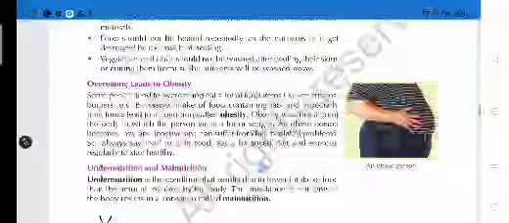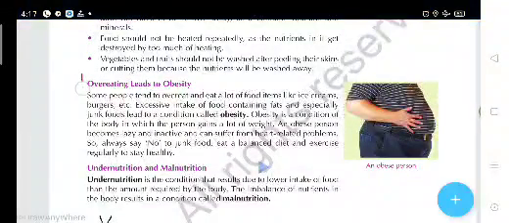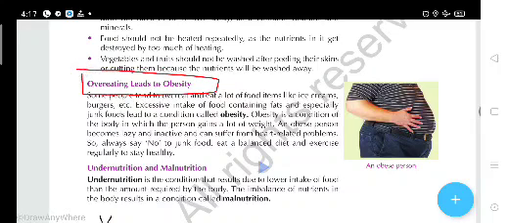Now, overeating leads to obesity. Students, we must require food, but if you are eating too much food, is it good? No, it's not good, it's a very bad thing. Do you like this shape of your body?